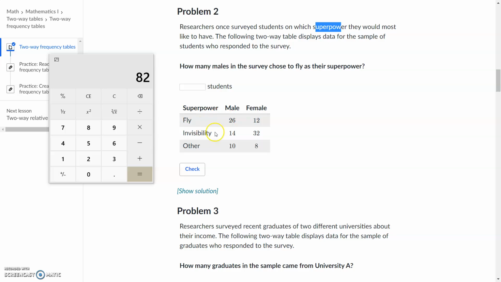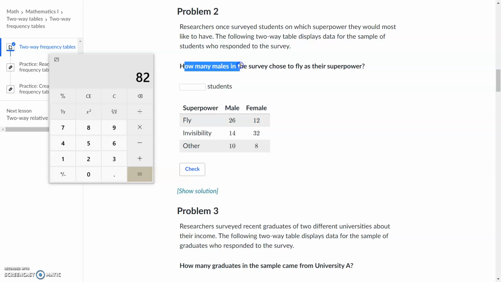Okay, so this is our survey totals here. So we have, again, males and females, boys and girls. And then they got to choose between flying, being invisible, and this is all the people who picked something else, other. Okay, so how many males in the survey chose to fly?